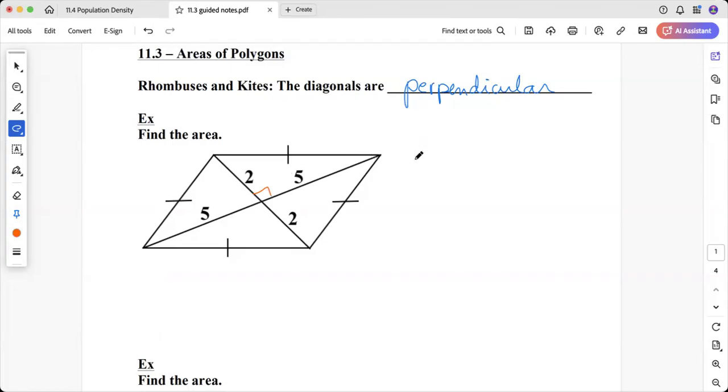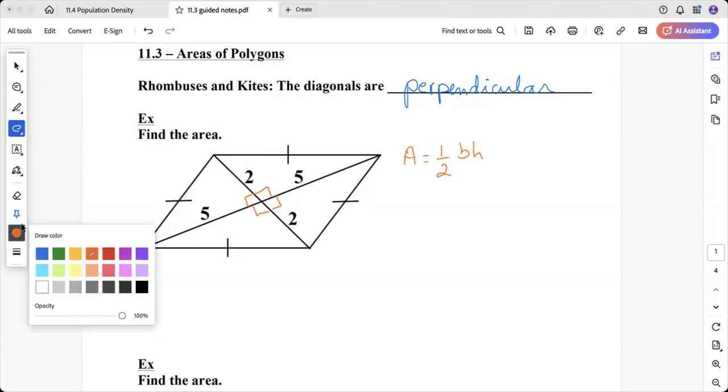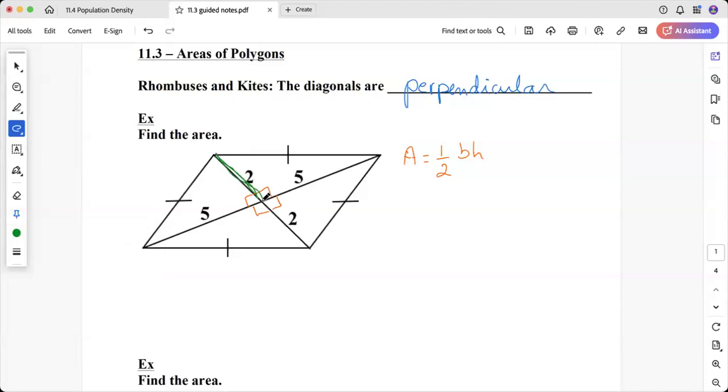You know that the formula for the area of a triangle is half base times height, right? So you see you have 4 triangles here that have 90 degrees. For each of these triangles, I can use one of these sides for the height and one of these sides for the base.